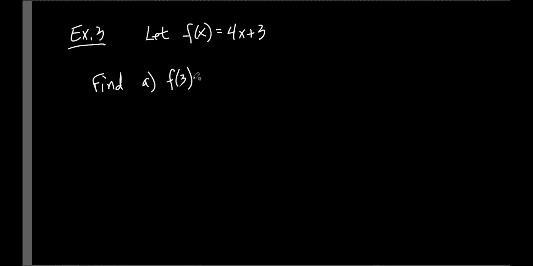Instead of saying if x is equal to 3, they say find f of 3, which means you're taking that 3 and putting it in for x, for this x right here. It's the same exact thing as we did before. It's just the notation is different, and it looks a lot different.